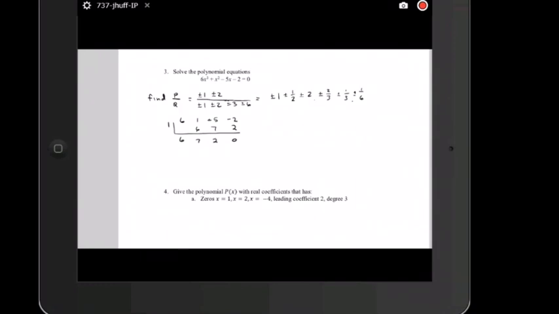So we know partially factored is x minus 1, and then 6x squared plus 7x plus 2. And now that we have a quadratic, we can try to factor it, or we can use the quadratic formula if it doesn't factor. 6 times 2, there's 12. So if it factors, we'd need to find factors of 12 that add to 7. 4 and 3 would work.